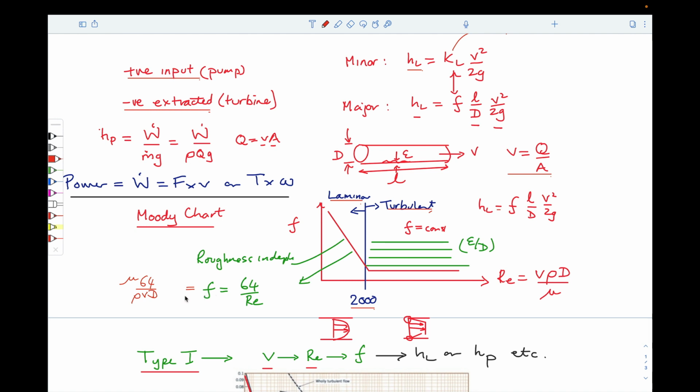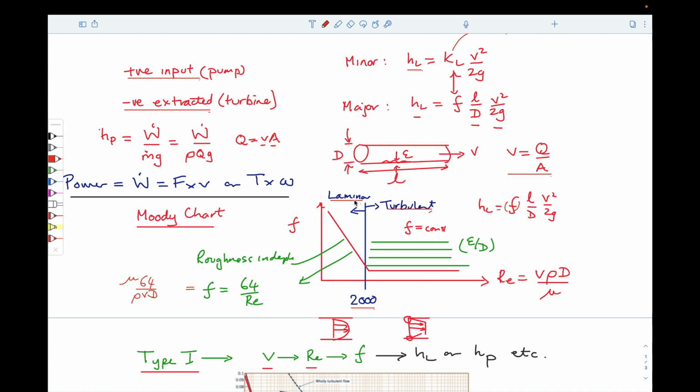And so if we want to define a head loss in terms of this friction factor, we can write the head loss in terms of the friction factor, length over diameter, and v squared over 2g. And we can incorporate this relationship into this value. And of course, one of the velocities in this term will cancel out with this velocity, and you'll end up with a linear function of velocity, and you can solve for velocity.